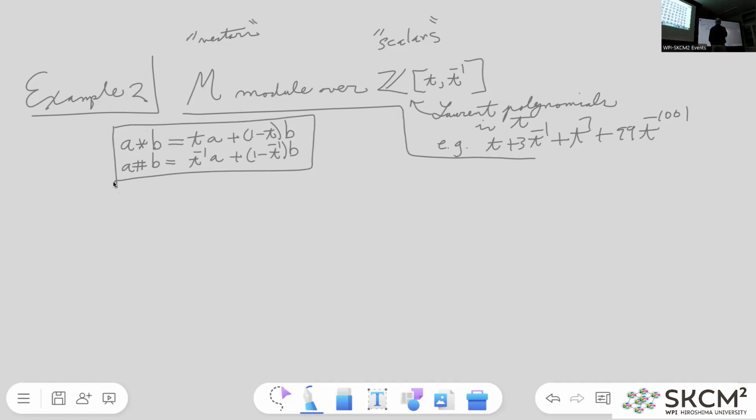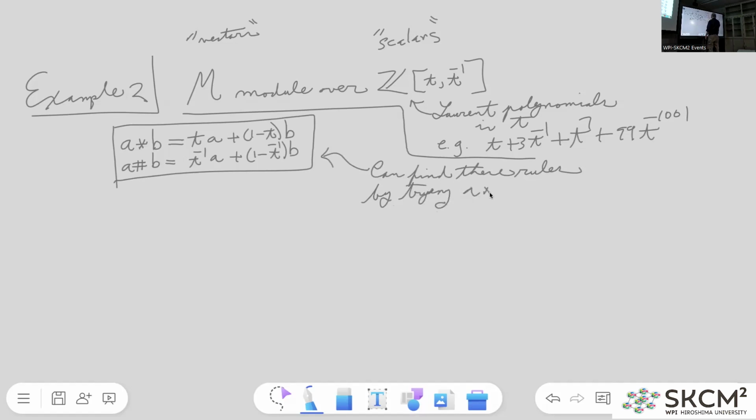Now, you can find these rules by trying A star B equals RA plus SB, and A sharp B is equal to PA plus QB, where R, S, P, and Q are supposed to be somebody in the scalars, right?